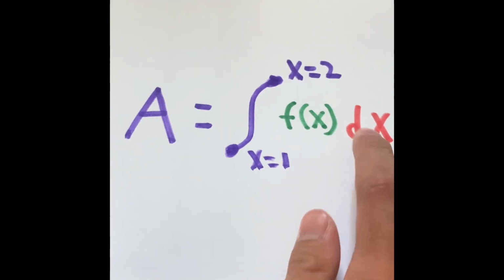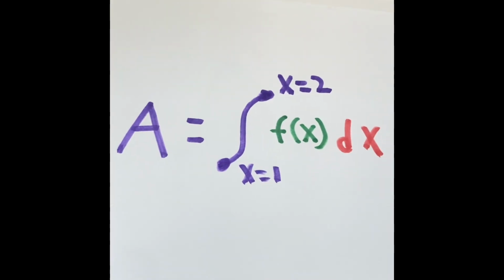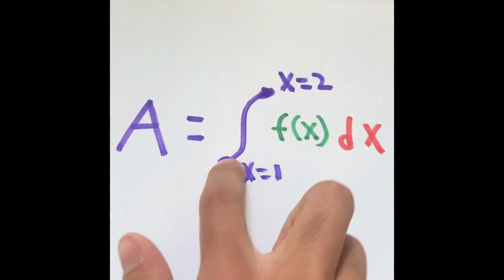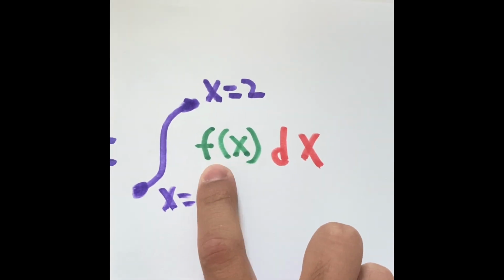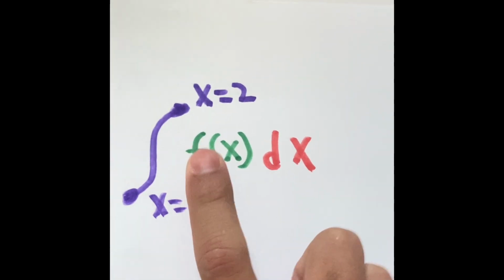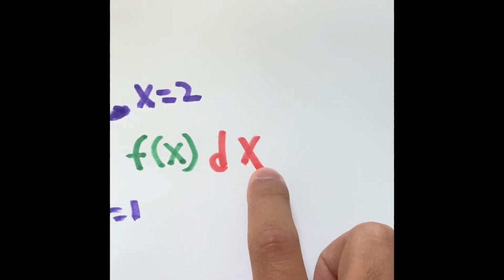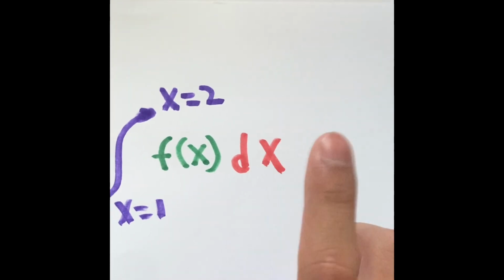We're going to explain 3 parts of the formula: what this crowbar symbol means, because it looks like a crowbar, what the function of x represents in the equation, and what the symbol dx, the differential, symbolizes.